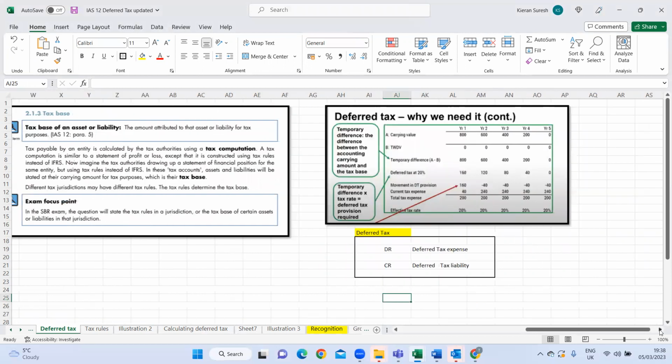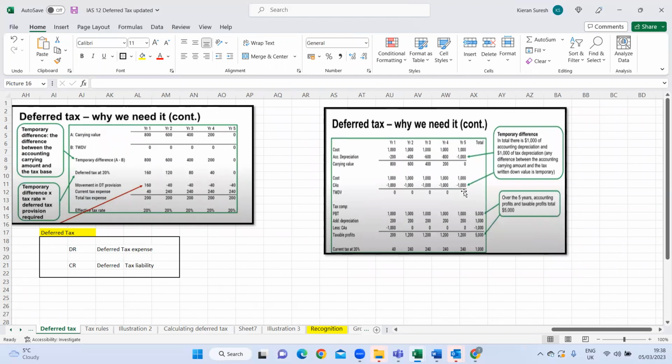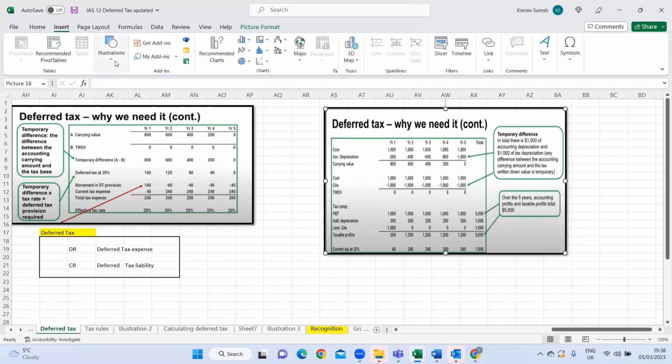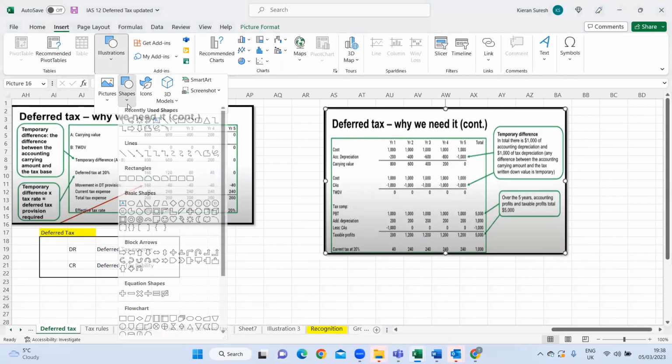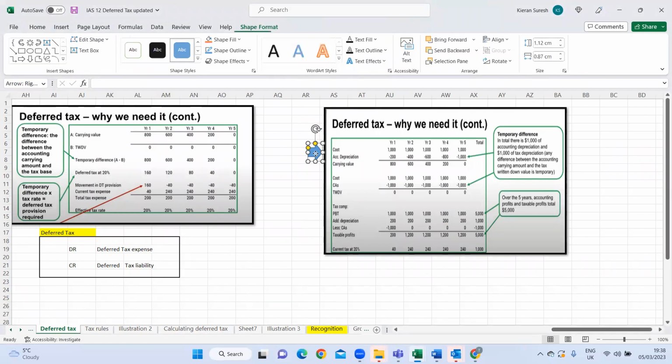So this is what we looked at earlier. This is the first one. And we said, to explain how the deferred tax is computed, in the accounting books the non-current assets, we would register them using straight line basis depreciation, and we found the carrying value, right?